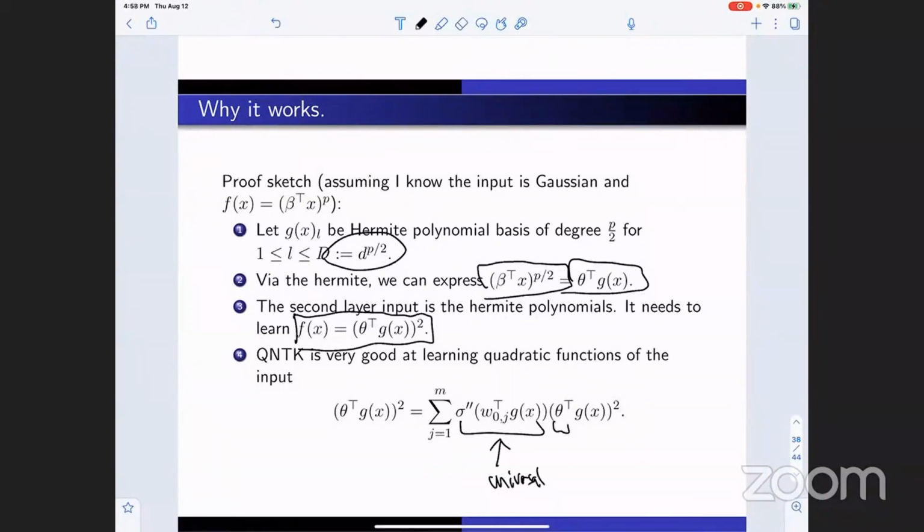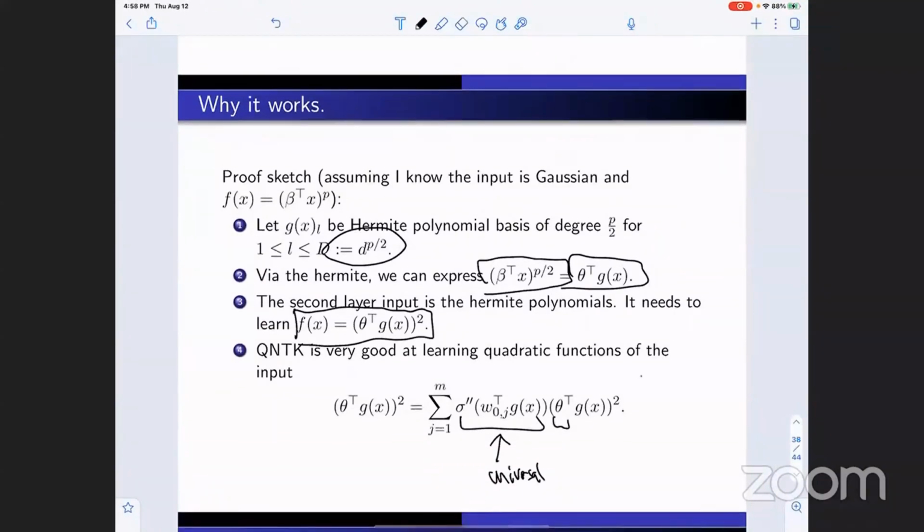You can only learn degree 2. Now you're universal. You've learned to square Hermite polynomials of degree p over 2. So that lets you learn anything of degree p. So that lets you learn anything of this form. And if you have multiple of these, you just use different neurons to do this. So that lets you learn anything of this form here. Oops, this should be R.